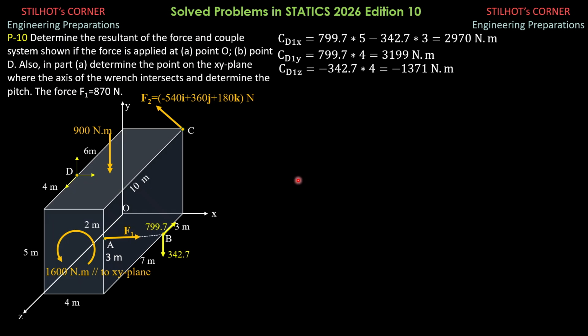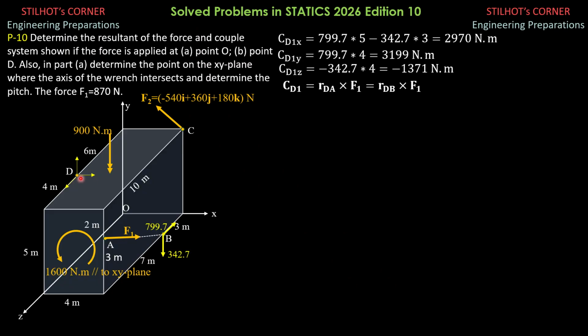For the vector way, it is RDA cross F1 or RDB cross F1. There are two ways. If we have RDA, then you have to move forward 4, that's 4K, rightward another 4, that's 4I, then downward 2, that's negative 2J.